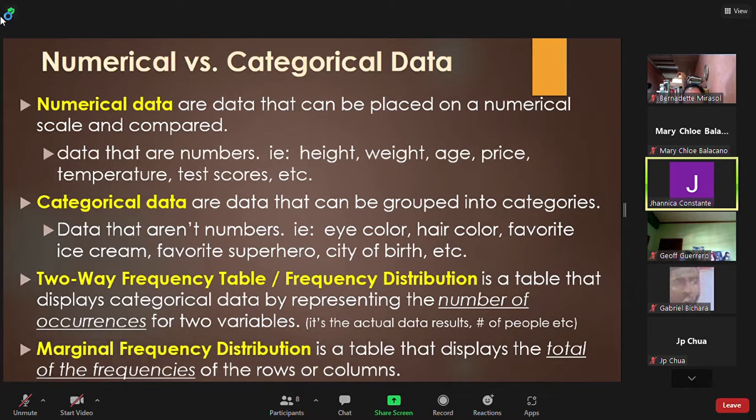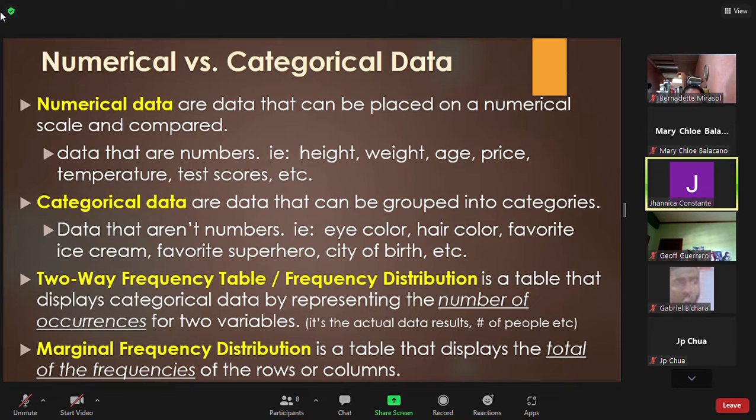We have the marginal frequency distribution. This marginal frequency distribution is a table that displays the total of the frequencies of the rows or columns. So we have two basic types of frequency table: the ordinary or basic two-way frequency table, and the marginal frequency distribution.